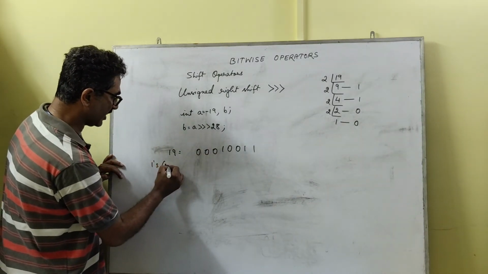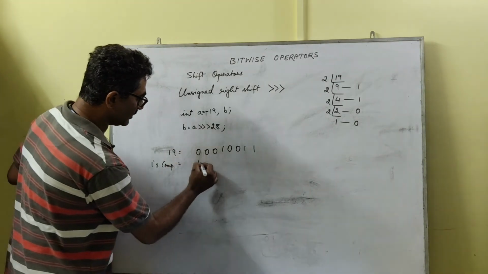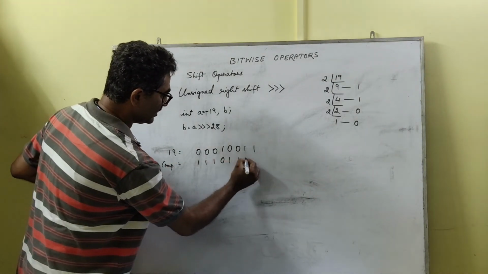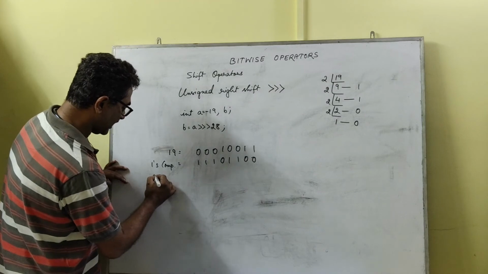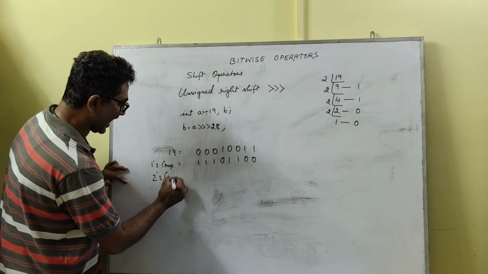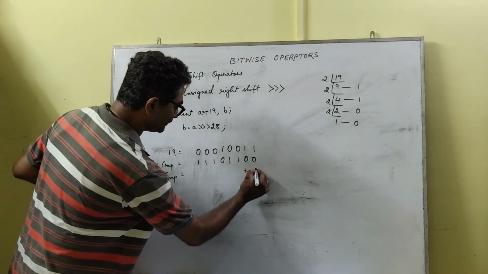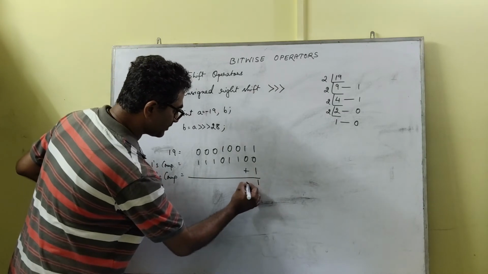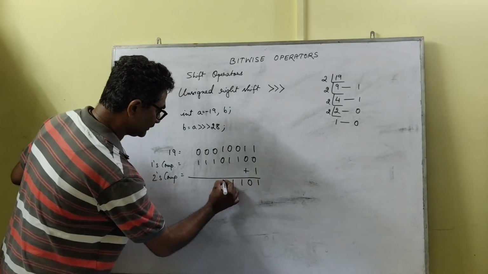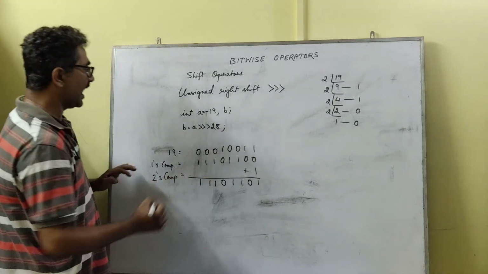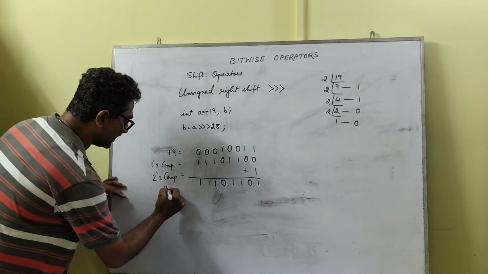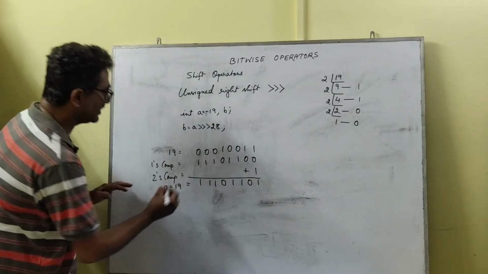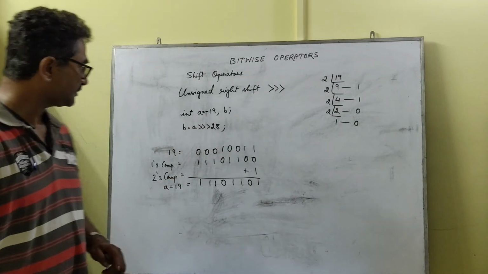First go for 1's complement, that is reverse the bits. Now we'll go for 2's complement, that is add a 1. And addition is pretty simple. And this is how our negative 19 is represented.